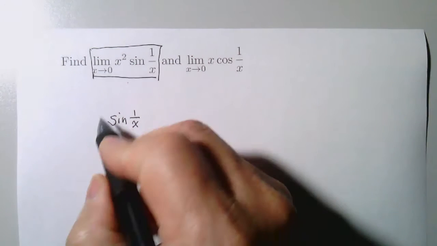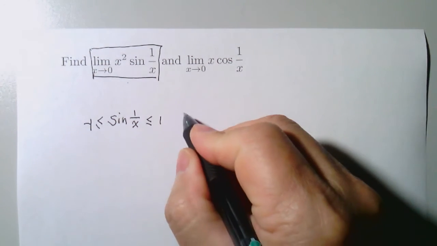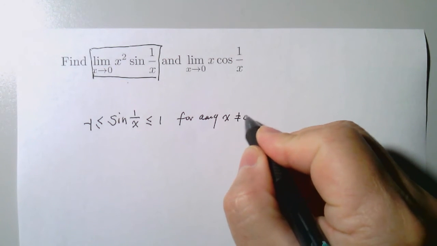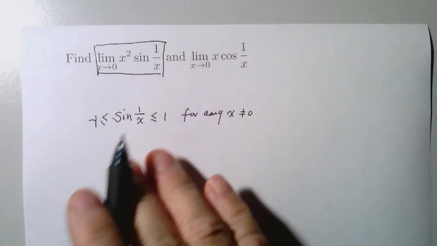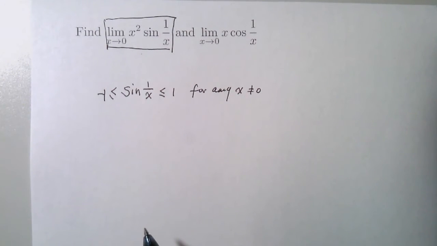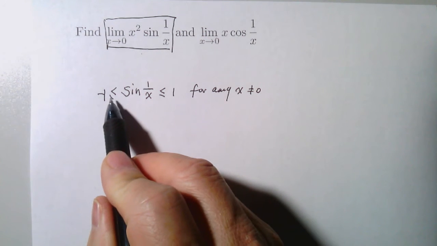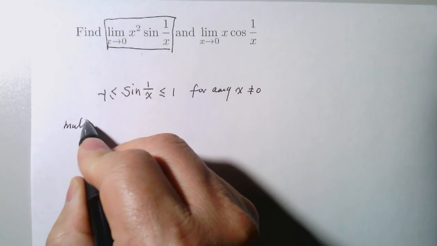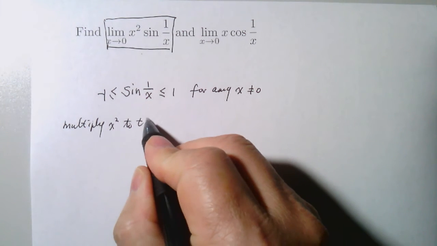Which means it's greater than or equal to -1 and less than or equal to 1 for any x not equal to 0. That's true there. Okay, so now what do we do here? We can multiply x squared to this inequality.